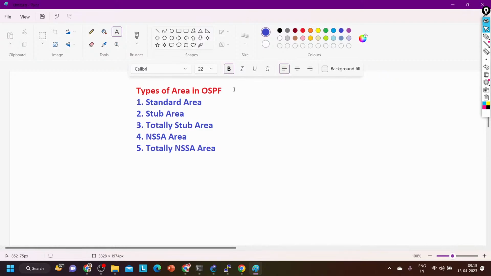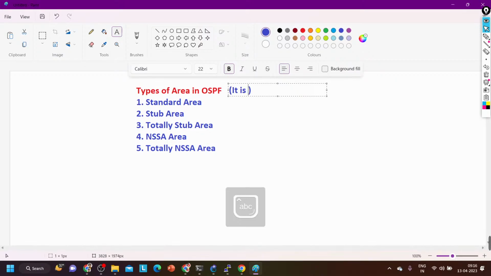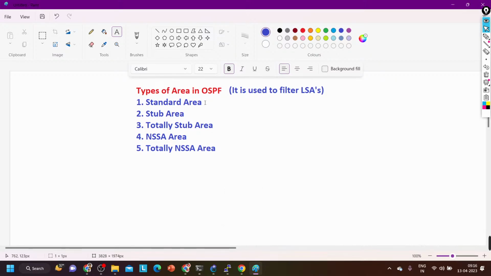Okay, so area concept is used to filter LSAs. Done, guys. Now by default, all LSAs are allowed in standard area. Done.